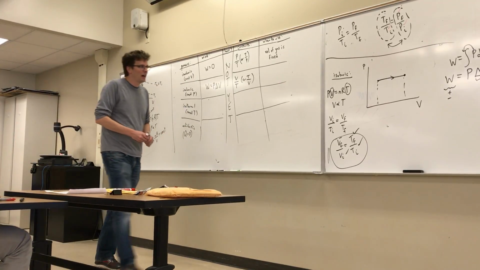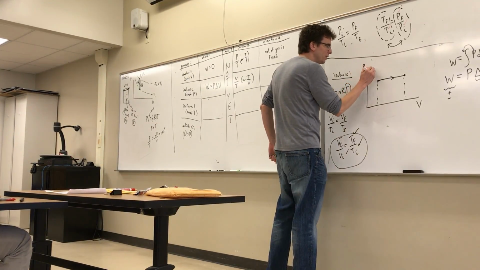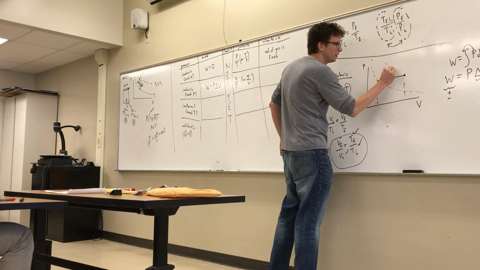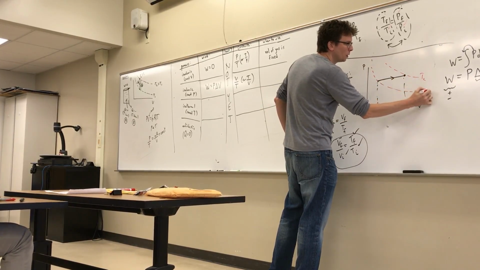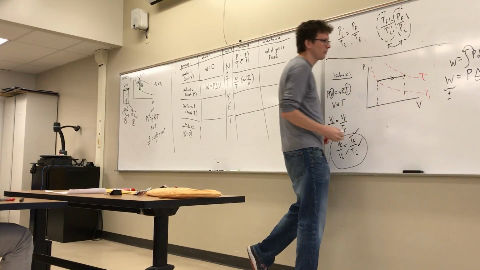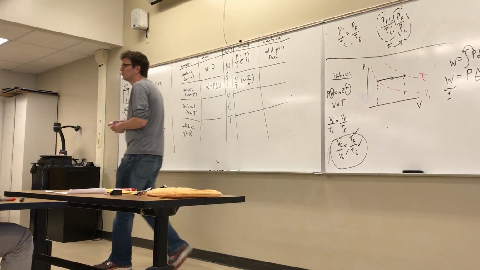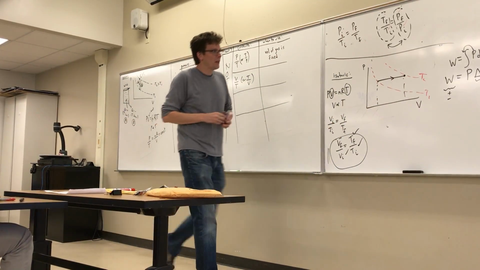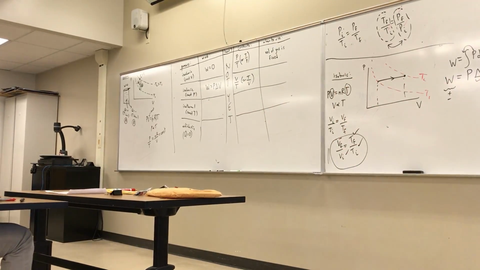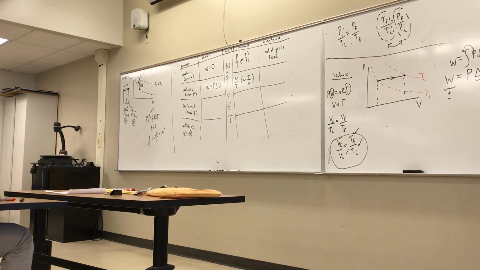Now, how do I know that? Well, I'm moving from one isotherm to another. I'm just doing it along a different path. So if I'm going to a higher temperature, that means the internal energy of my gas is increasing.